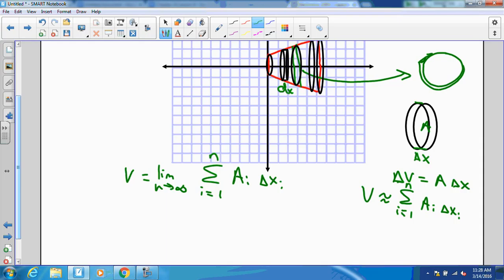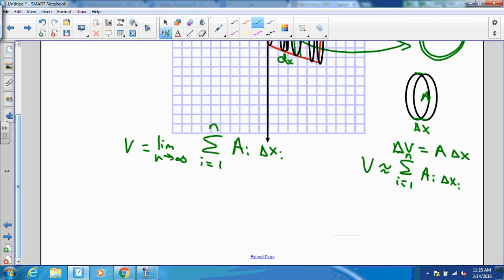And in particular, because I'm letting the number of subintervals go to infinity, this is the limit of a Riemann sum, which is a definite integral. So the volume of a solid with known cross sections is just going to be the integral of the area of the cross section times the width. And if you can picture this, then it turns out finding the volumes is pretty easy.